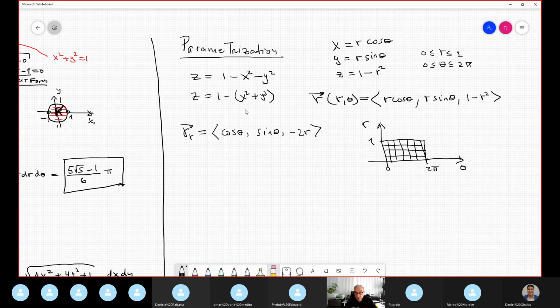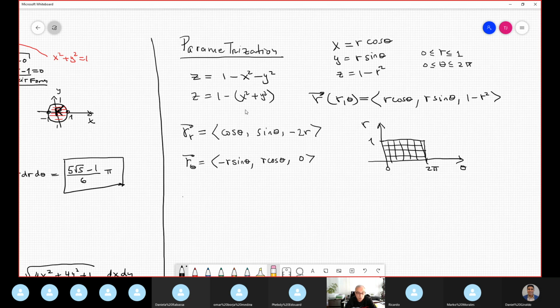The last component: derivative of 1 is 0, and derivative of minus r squared is minus 2r. Likewise, the partial derivative with respect to theta: the derivative of cosine is minus sine, and r I consider constant, so minus r sine theta. The derivative of sine is cosine, so r cosine theta. And the last part with respect to theta is 0 because it does not depend on theta.